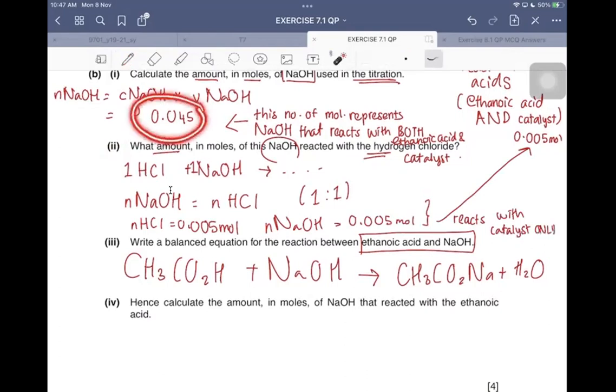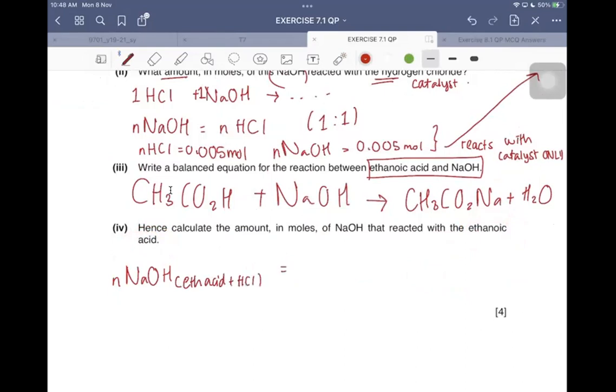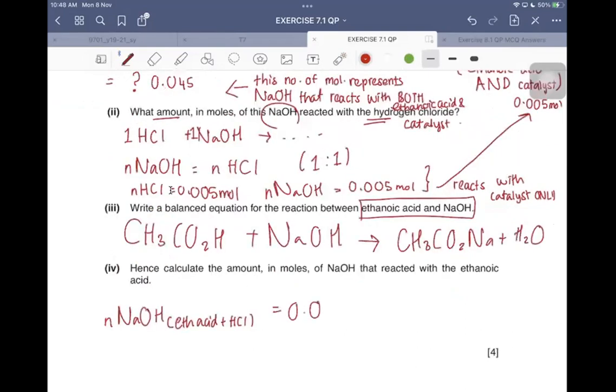This is the number of moles that reacts with catalyst plus ethanoic acid, okay? Calculate the amount in moles of sodium hydroxide that reacted with the ethanoic acid only. So you take the number of moles of sodium hydroxide with ethanoic acid plus HCl, which is 0.045.